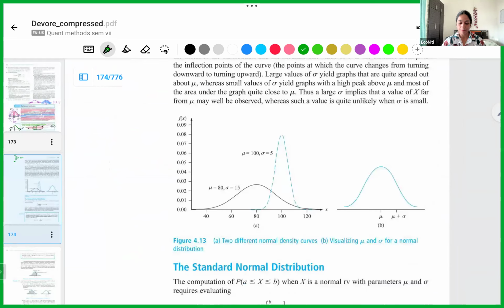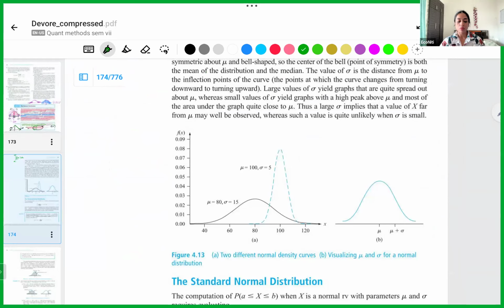Look at this, right? So these are all normal distributions, क्योंकि सब में ऐसा bell shape है, but इनको differentiate क्या कर रहा है? Think about it. This and this, इनका mean अलग है, वेरिएंस भी अलग है.